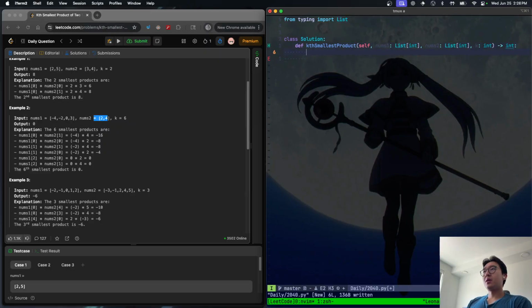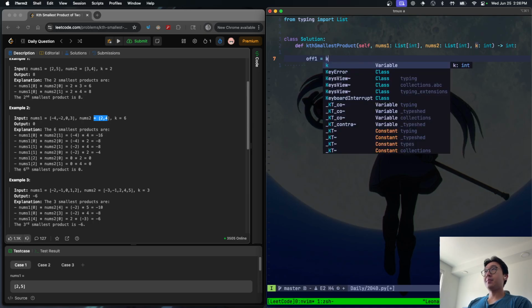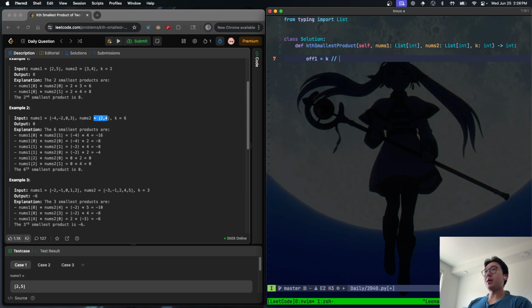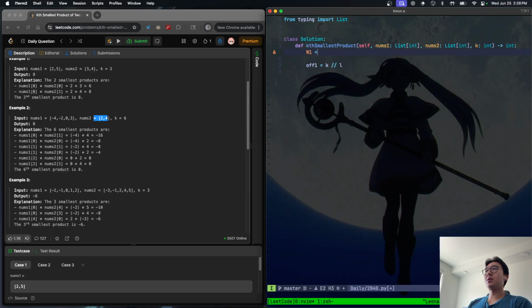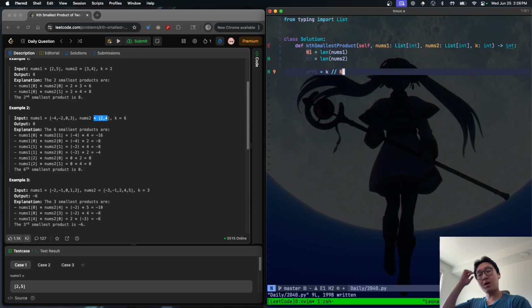Okay, let's see. n1 is equal to the length of nums1, n2 is equal to the length of nums2. So k divided by n1, that's the offset.